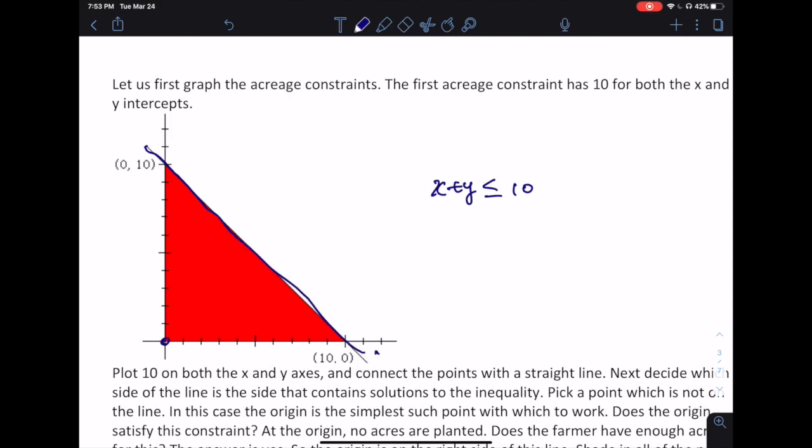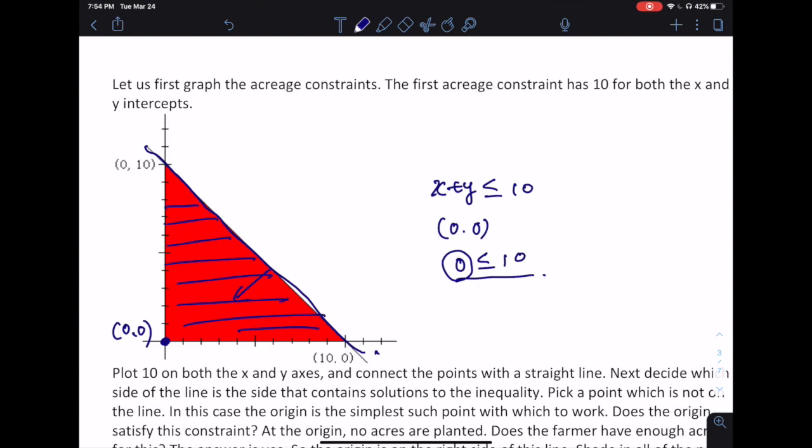Then we can plug in the origin, 0, 0. 0 is less than or equal to 10, so we have to include this side. Therefore, we can shade this area as a feasible region based on the first constraint.